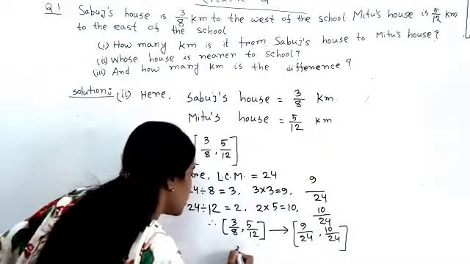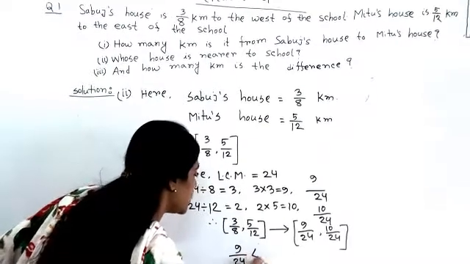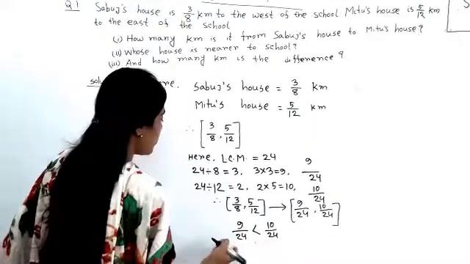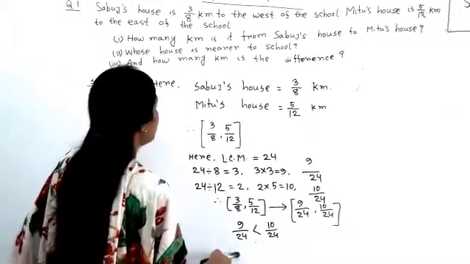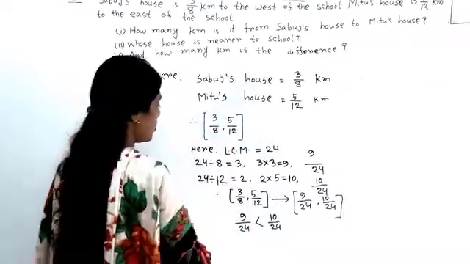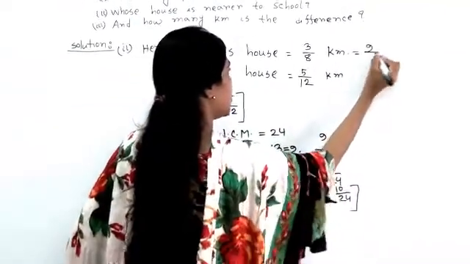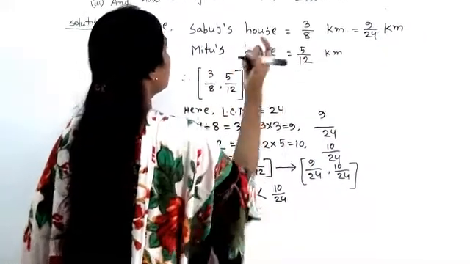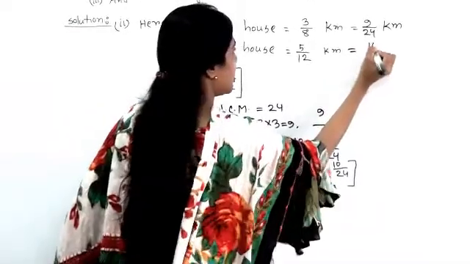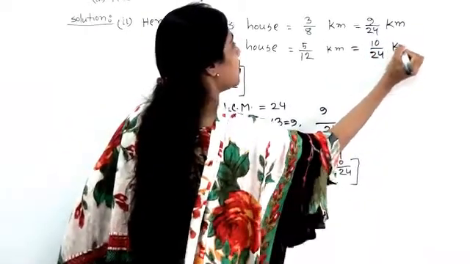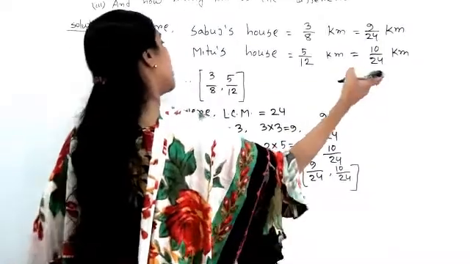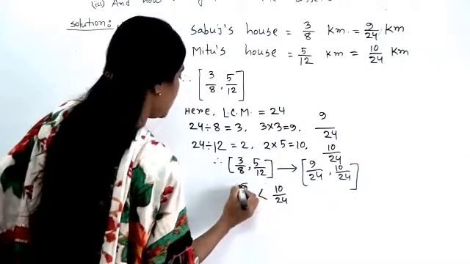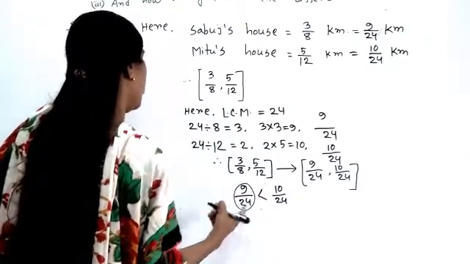So 9 divided by 24 is less than 10 divided by 24. Here 9 divided by 24 kilometer is Shobu's house, and 10 divided by 24 kilometer is Mitu's house. In here Shobu's house distance is small.